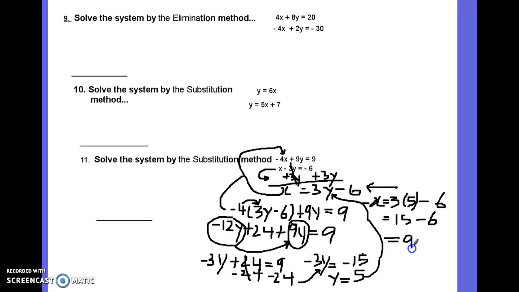So my overall answer, this is the x. Overall answer is, over here, the solution is at the point where x is 9 and y should be a comma here, should be a comma, and y is 5.